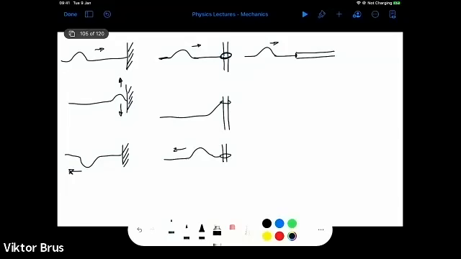We will have a reflected pulse, which is inverted in comparison to the original one. And then in the thicker string, we will have a transmitted pulse.